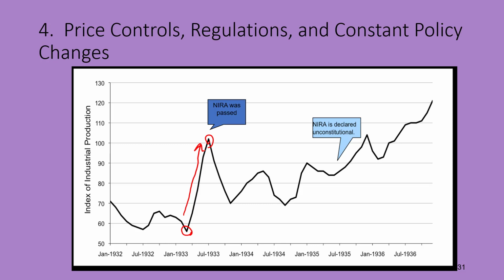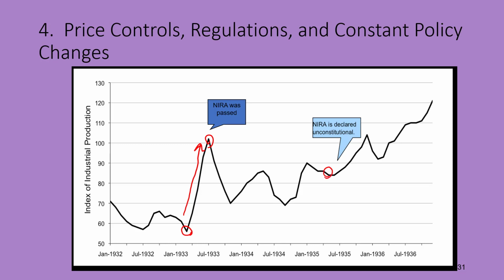And again, without this competition stimulus and with these organized regulations or monopolies, right, then you are now going to see that production goes down. And it never, ever rebounds past its pre-NIRA level until it's declared unconstitutional, right, in around May of 1935. So right around this time period here is declared unconstitutional.